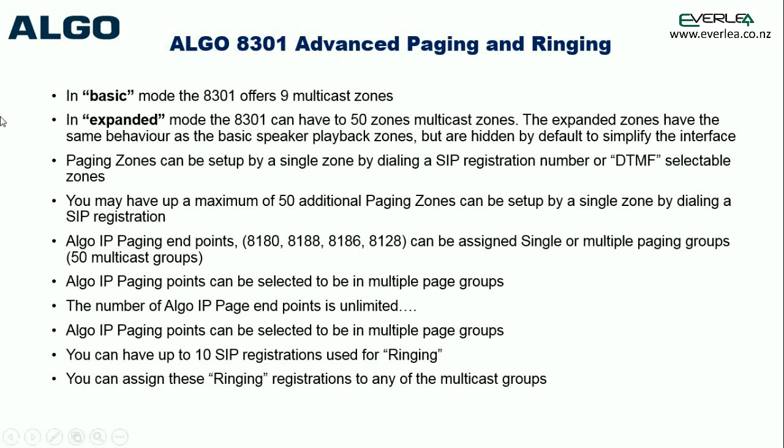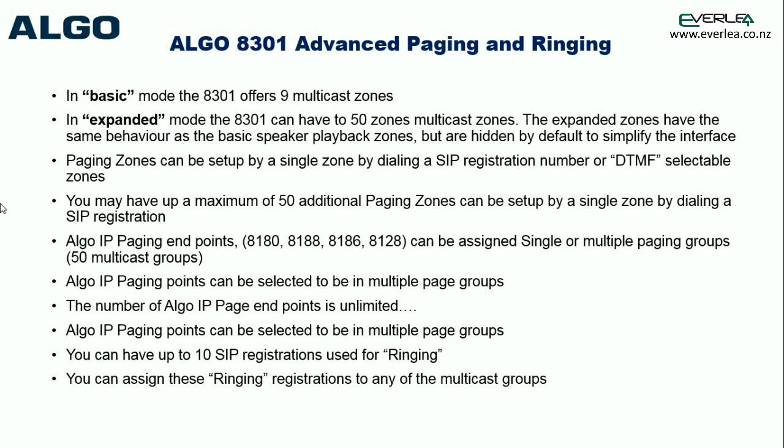So as we've talked about, the Algo IP endpoints can be selected in multiple page groups. We've got an unlimited number of paging endpoints. You could have 100, you could have 2,000, it doesn't matter. It's pretty much unlimited. Well, it is unlimited, the number that you can put in there.